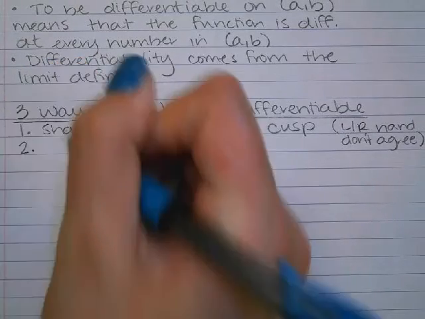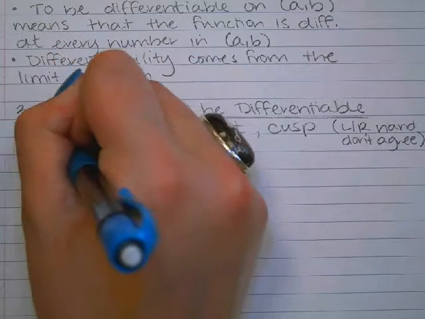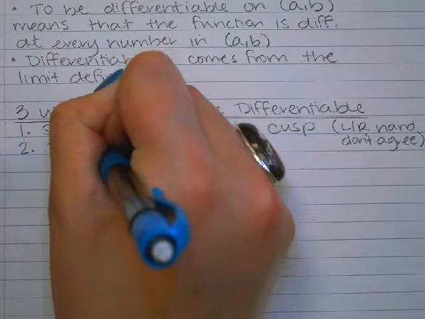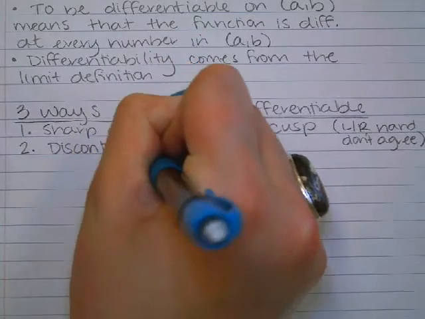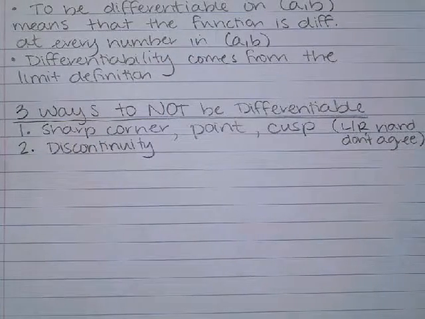The second reason we could not be differentiable is because there's a discontinuity at that point. So there's an asymptote there, or there's a jump there, or there's a hole there. The limit is not going to exist at a hole when we're talking about derivatives, because a hole in the graph is not going to have a slope because it's not there, it's blank.